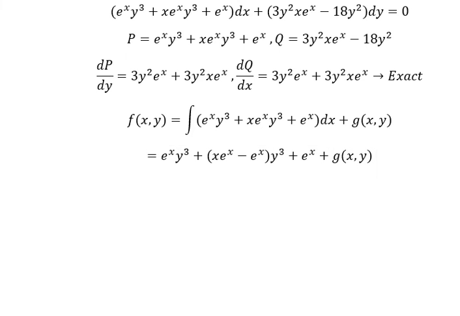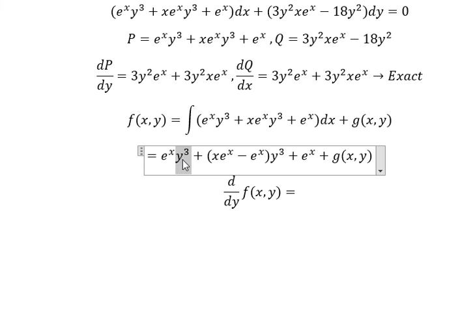Next, we need to do first the derivative with f with respect to y. So we have d over dy f, d over dy f(x,y) equals to, we do first the derivative of this one and this one.